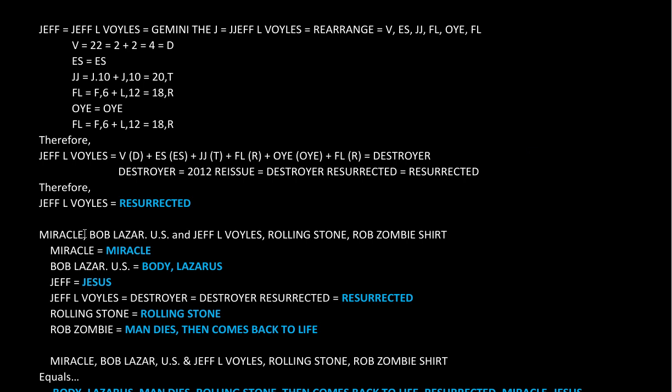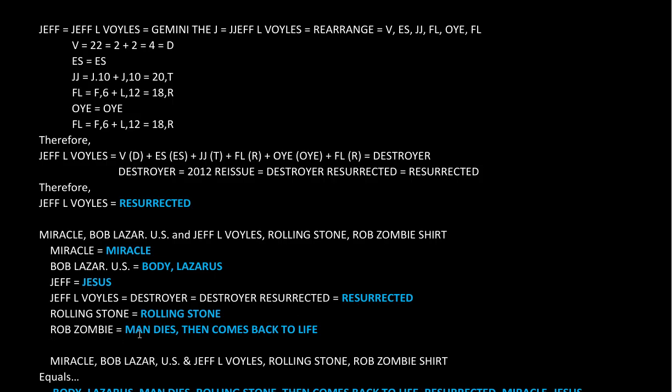So, from Miracle, talking about Bob Lazar working for the U.S. while sitting next to Jeff L. Voiles, who was wearing a Rolling Stone shirt with an image of Rob Zombie on it. From Miracle, we get Miracle. From Bob Lazar, U.S., we get Body of Lazarus. From Jeff, we get Jesus. From Jeff L. Voiles, we get Resurrected. From Rolling Stone, we get Rolling Stone.